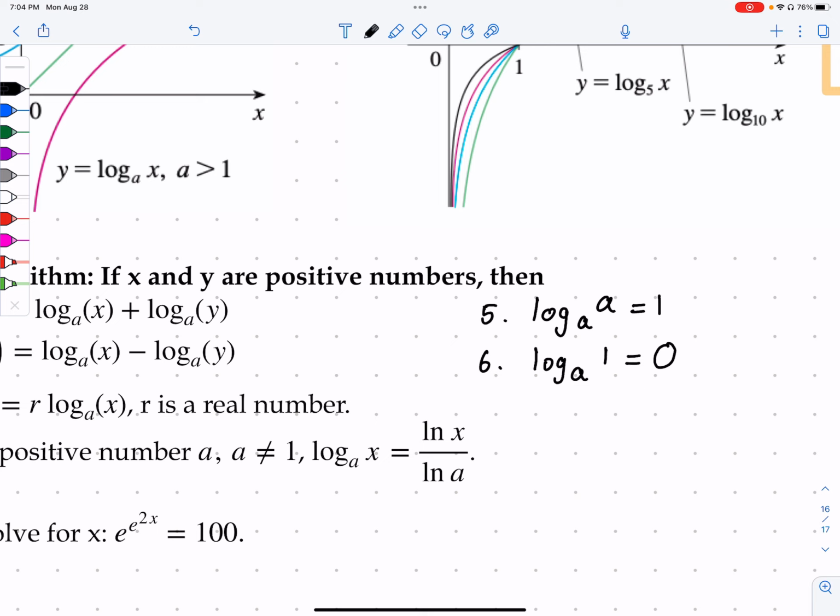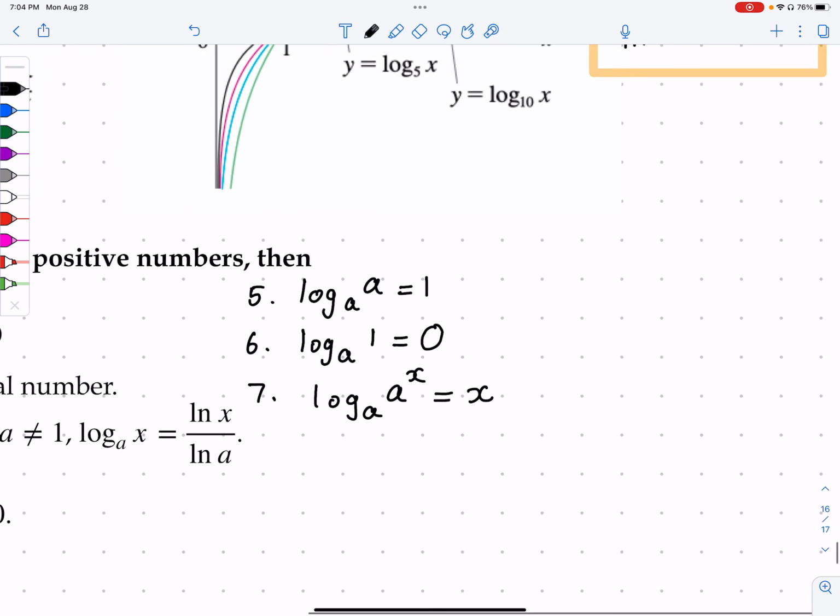And the third property that we're going to be using a lot is log a to the x base a. I think we looked at it, the inverse is always going to be x right there. So to bring it to things that we're going to use in general, ln of e is going to be 1 all the time. And ln of 1 is always going to be 0.